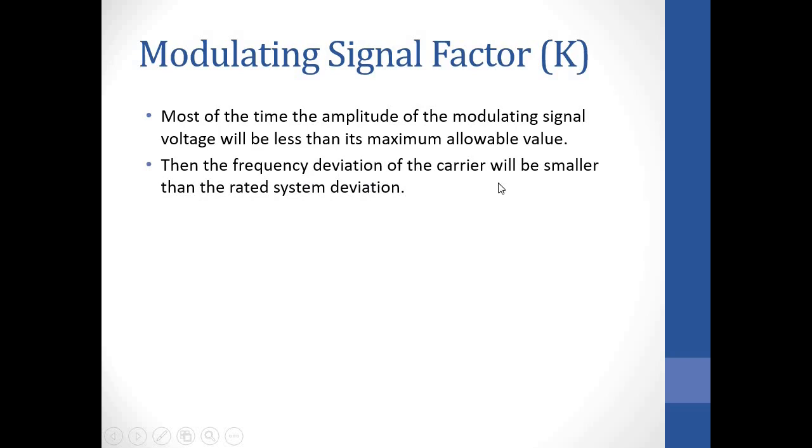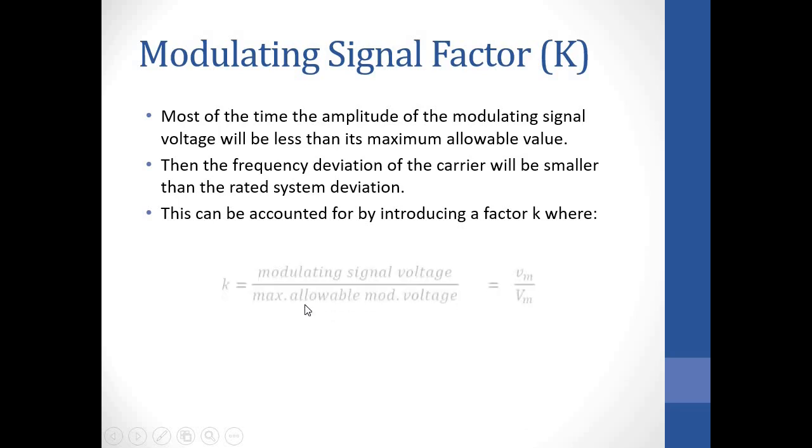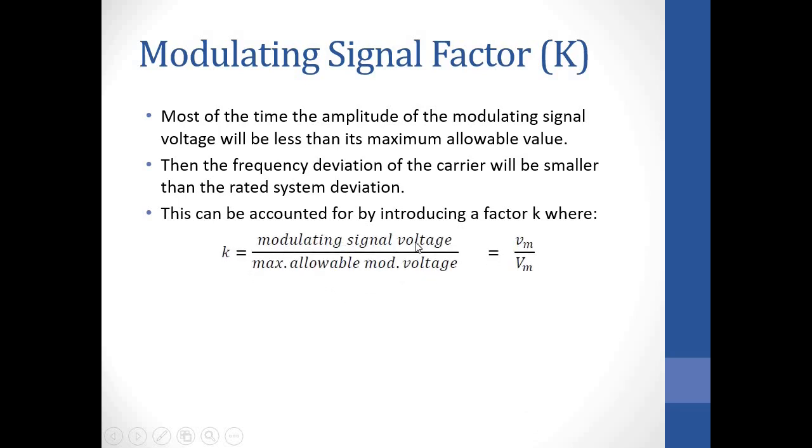The frequency deviation of the carrier will then be smaller than the rated system deviation. So K is the modulating signal voltage that you are using over the maximum allowable voltage. For example, if I use 5 volts and the maximum allowable is 7.5, it will be 5 divided by 7.5.